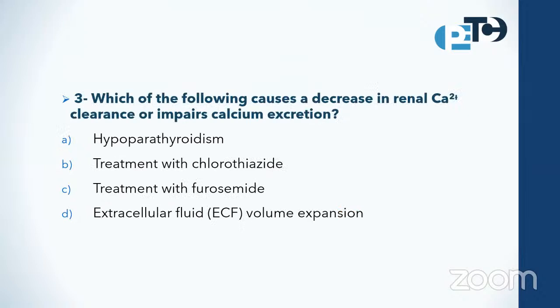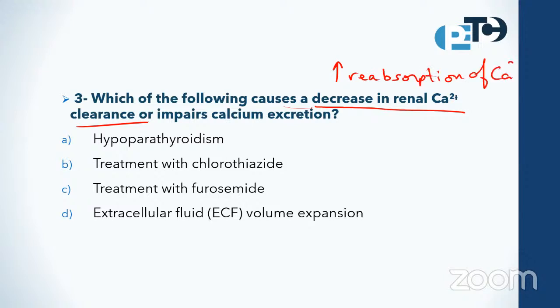Which of the following causes a decrease in renal calcium clearance? Take care about each word in the question. Or impairs calcium excretion. What does this mean? Decreased renal calcium clearance means increasing reabsorption of calcium.